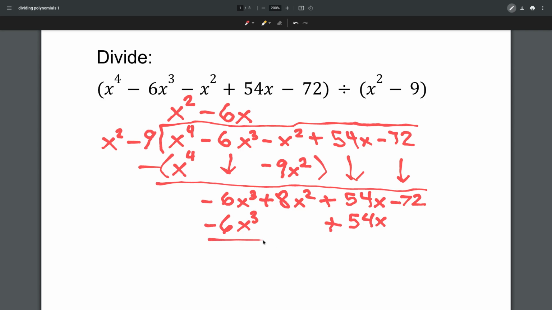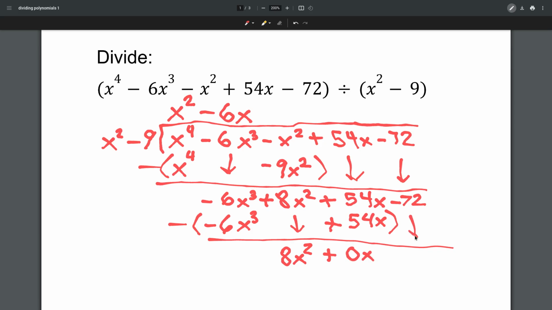Okay, so if we're going to subtract this off. So negative 6x cubed minus negative 6x cubed is 0. Bring down the 8x squared. Minus 54x is just 0x. I'm going to write plus 0x.